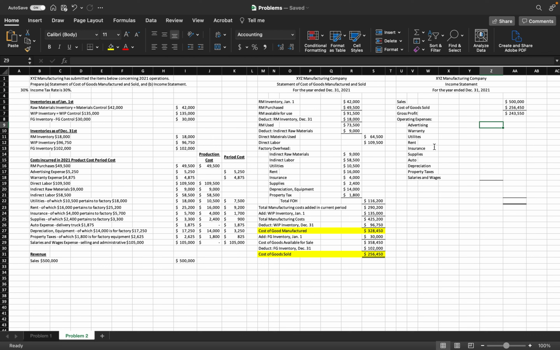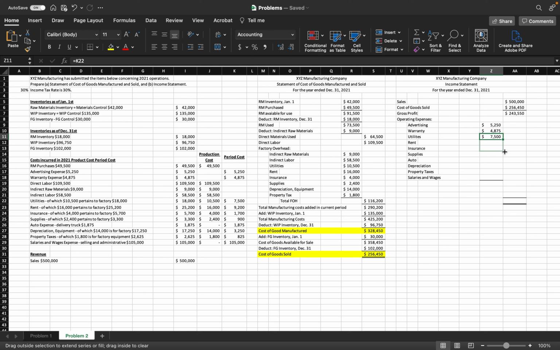So we know what they are, so now we can go and just reference them. Utilities. Since we did them in order, we can just drag them down.